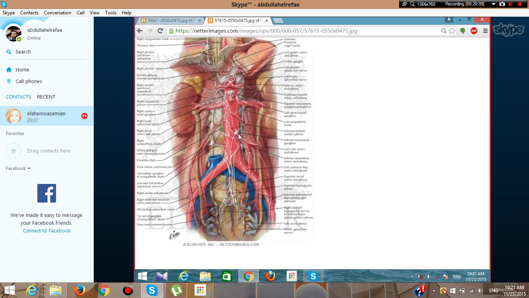So they're just one each. But here on each side of the renal artery, do you see? What does it say? Right aorticorenal ganglion. So we have right and left aorticorenal ganglion.